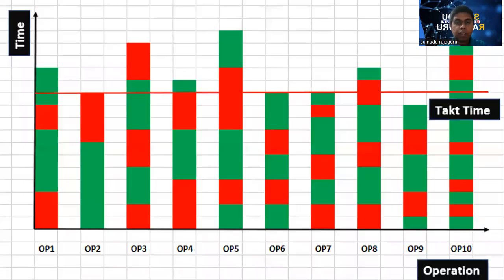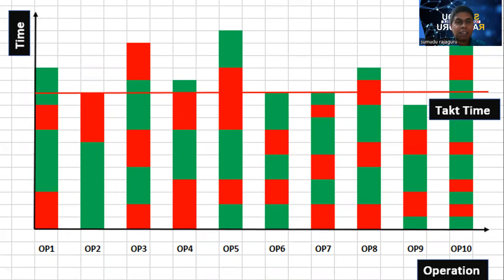Now you can see, when we consider each and every operation, I have already given two colors: the green color represents the value adding activities, and the red color represents the non-value adding activities. In each and every operation there is a value adding portion as well as a non-value adding portion.